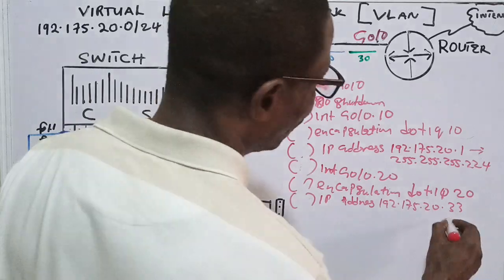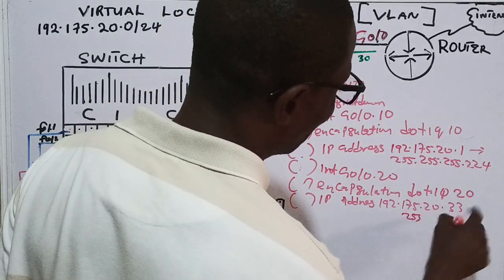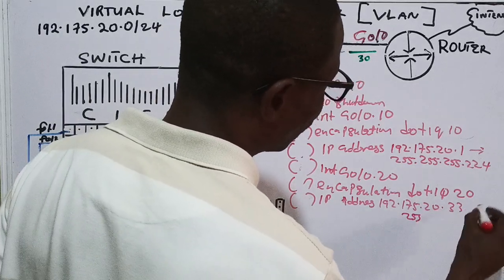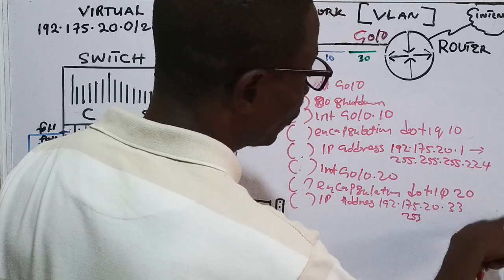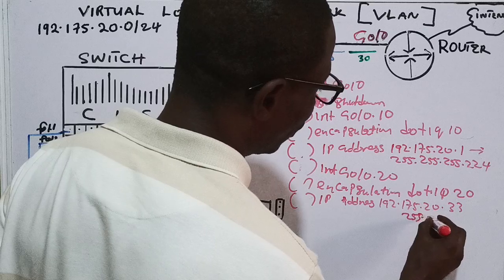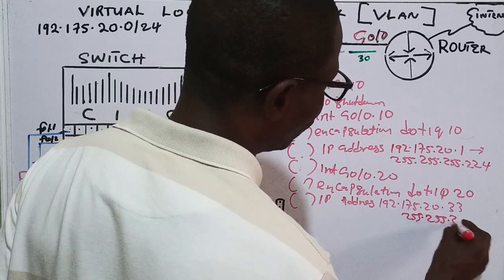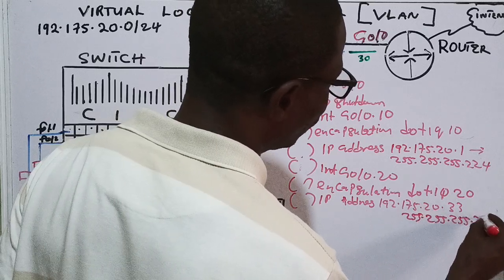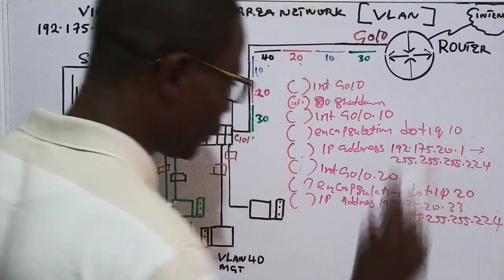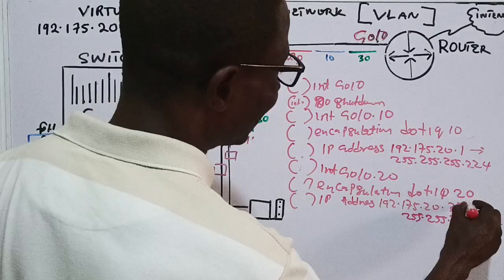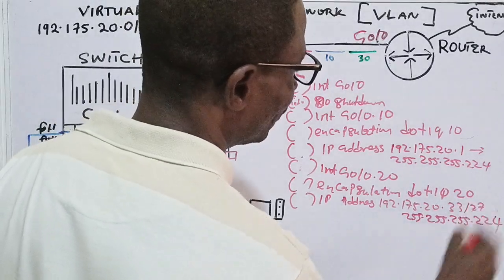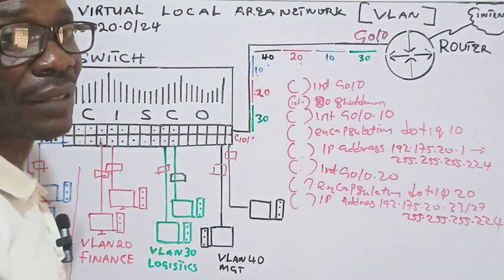Now the mask 255, remember, I'm supposed to put 255 here, but because there's not enough space to contain it, I put 255.255.255.224. You hit enter, and the router is going to place it as /27. That's the way it's going to live, because it is a 27-bit mask.